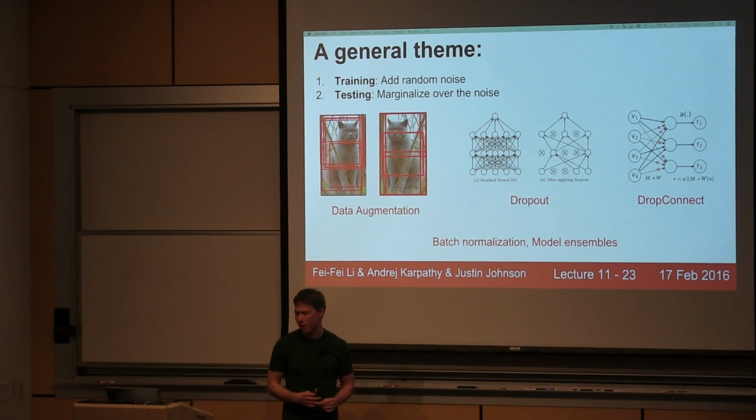For dropout and drop connect, you can evaluate and marginalize this out more analytically. And for batch normalization, we keep these running means. So I just think that's a nice way to unify a lot of these ideas for regularization, is that you can add noise at the forward pass and then marginalize over it at test time. So maybe keep that in mind if you're trying to come up with other creative ways to regularize your networks.